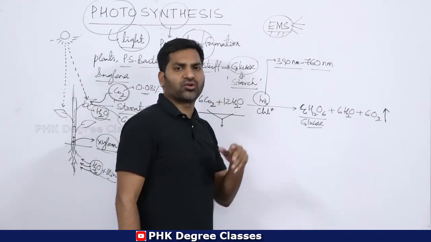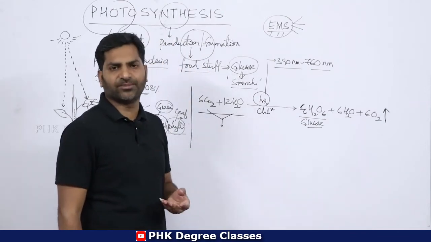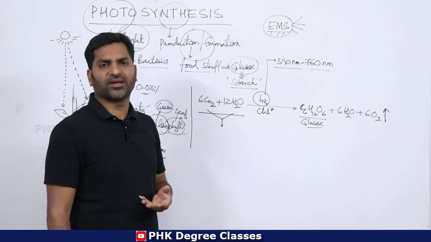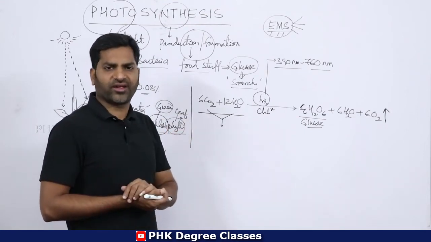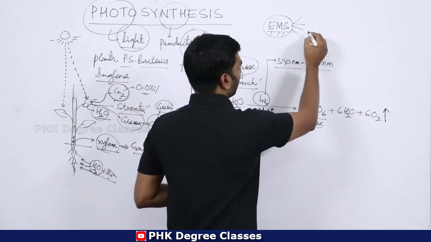It may be UV rays, that is ultraviolet rays, cosmic rays, gamma rays, X-rays, IR, infrared rays, and it may be visible light.